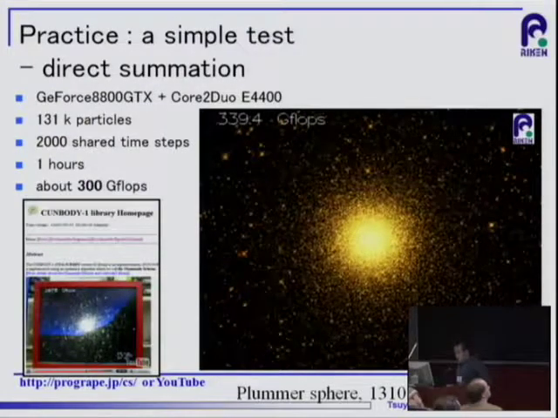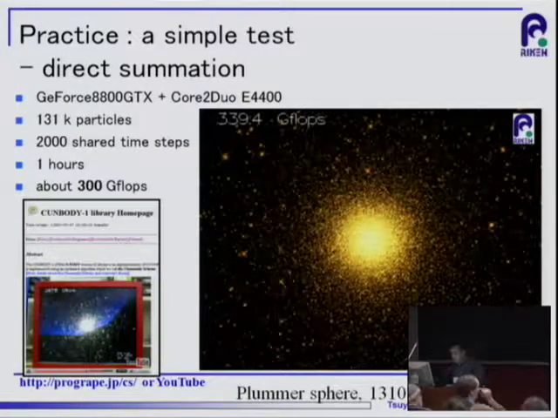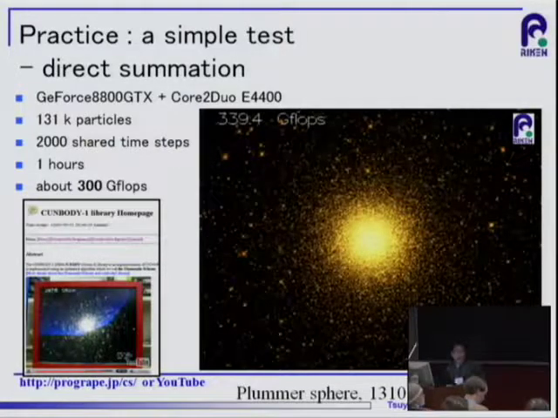We can achieve over a sustained 300 gigaflops in a very simple N-body simulation. We use a GeForce 8800 GTX GPU and a Core 2 Duo E4400 host computer, and also the CUNBODY 1 library. Then I show a demonstration.